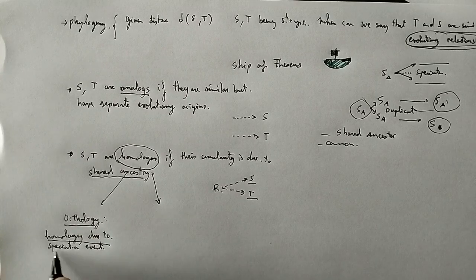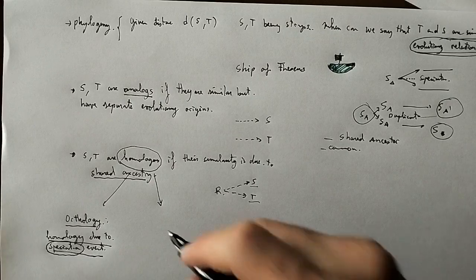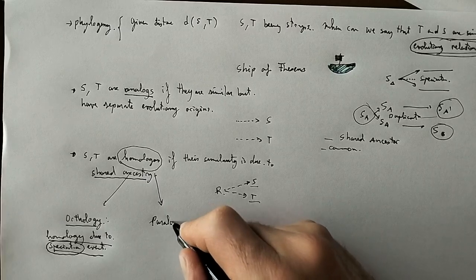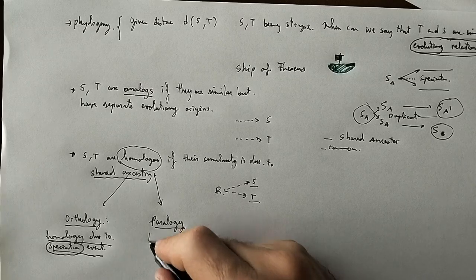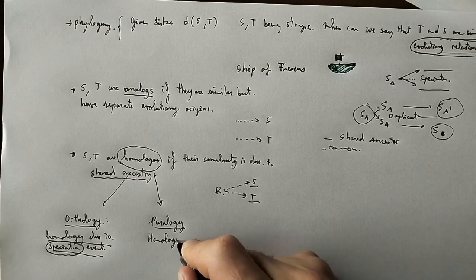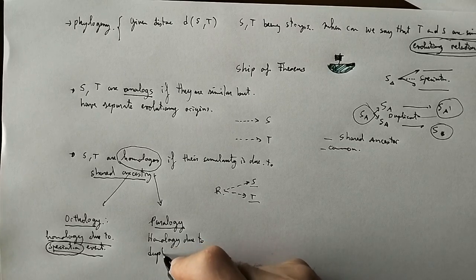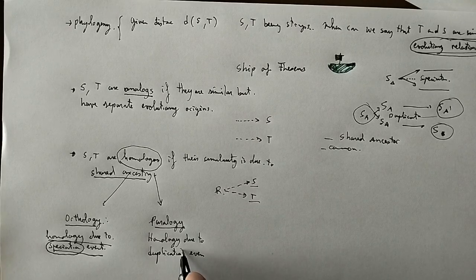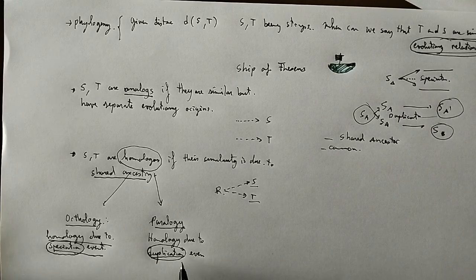Okay, so in this part the important term here is speciation. And the other variant is paralogy, and paralogy is homology due to a duplication event. So the difference between paralogy and orthology is that orthology is due to speciation and paralogy is due to duplication.